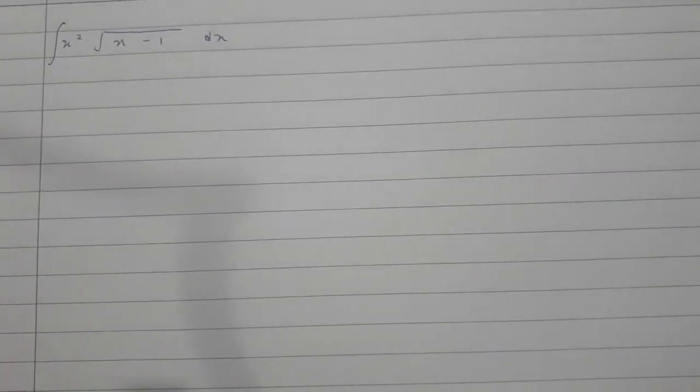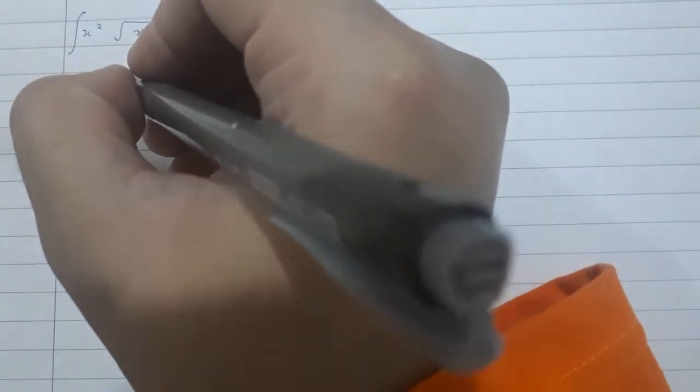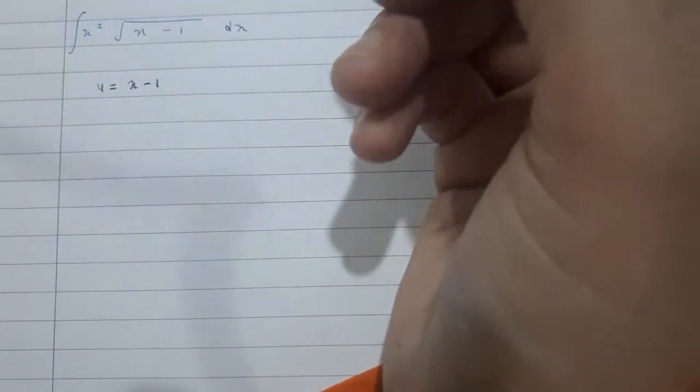Next question, we want to solve the integration of x squared multiplied by square root x minus 1. We have to use substitution method because we cannot simplify or separate the function. So we choose u equal x minus 1.